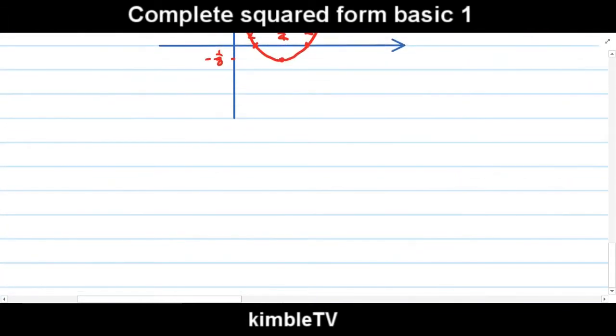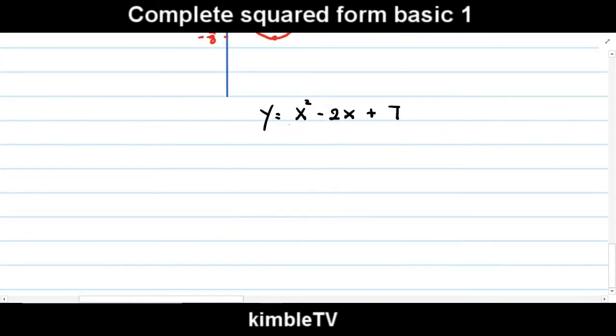And one more: y equals x squared minus 2x plus 7. I will consider only two parts, and it must be divided by 2.